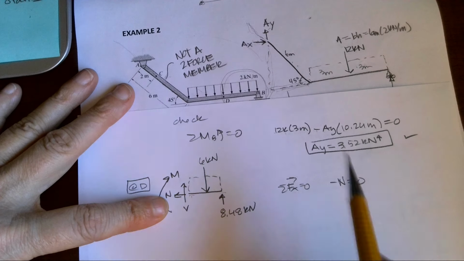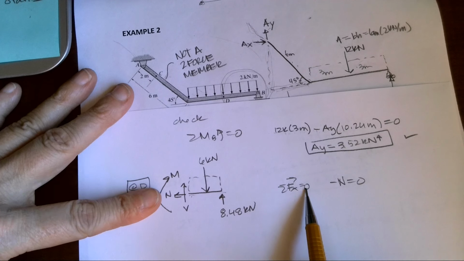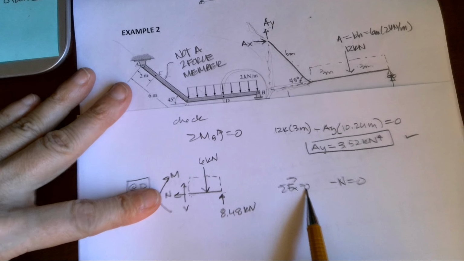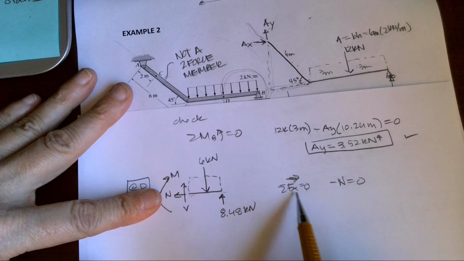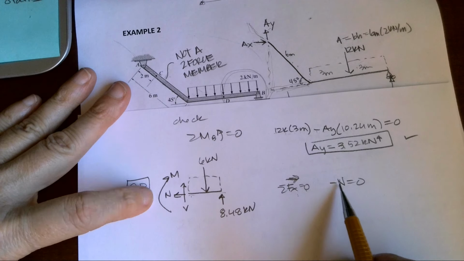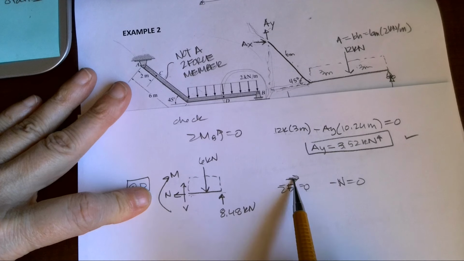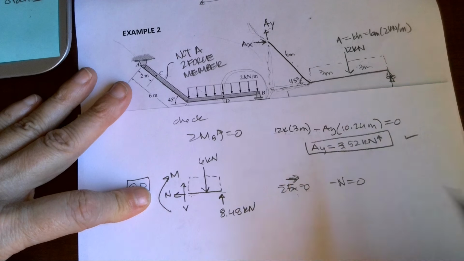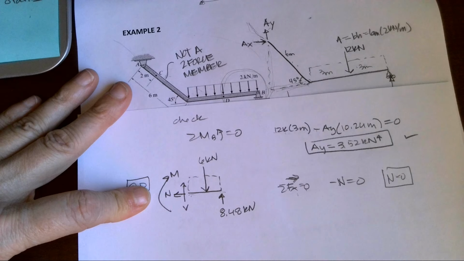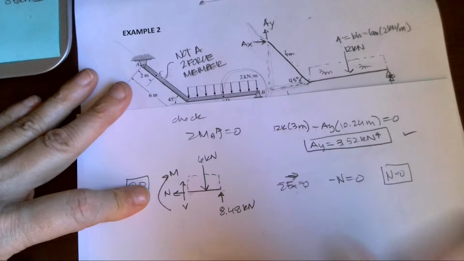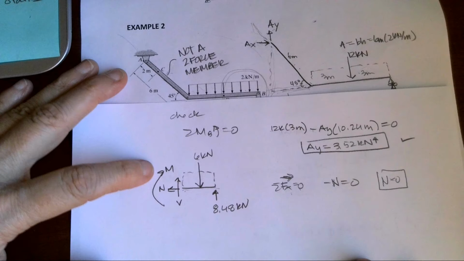When I'm using the tools in my toolbox, my equilibrium equations, I have to go by what direction I'm calling positive to sum my forces. This N is negative according to my rule of right is positive. So I can say normal equals 0. Do I have to tell you that even if I can see there's no X forces? Yes, you do, because a normal force could develop.